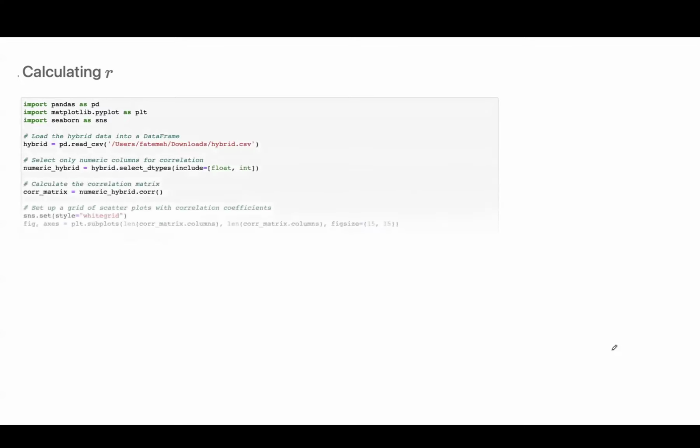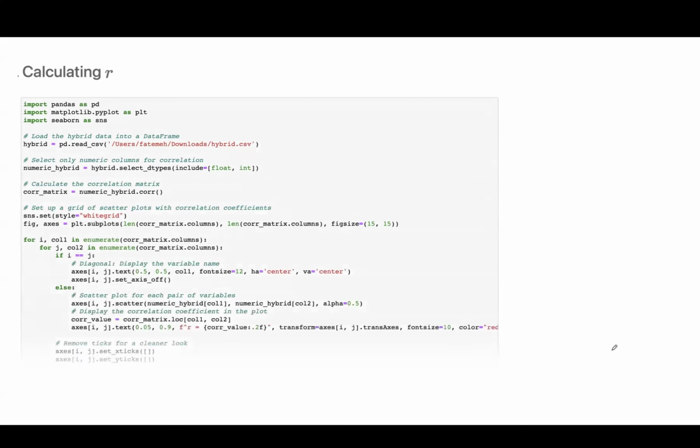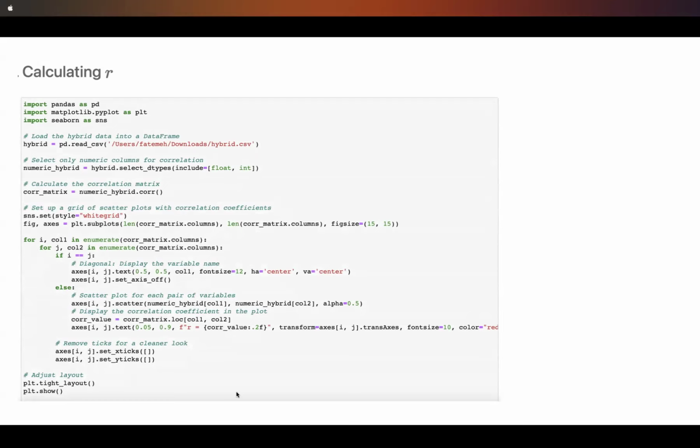Let us calculate R. Import pandas as pd, matplotlib.pyplot as plt, and seaborn as sns. We're going to read our table, the hybrid models, and we're going to define a for loop. Let me share the code with you so you can run this in your Jupyter notebook.